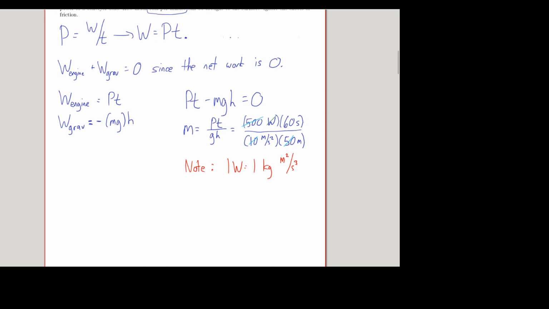So watts cancels with meters per second squared, another seconds in the denominator, or excuse me, in the numerator, and then another mass in the denominator, and gives me a number of kilograms. So the mass is 60 kilograms.